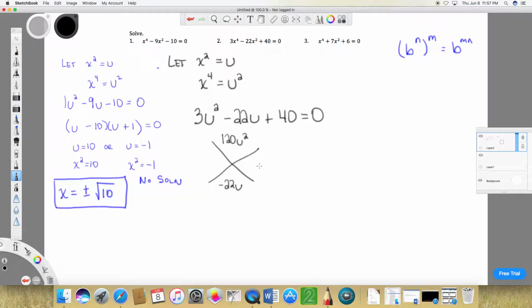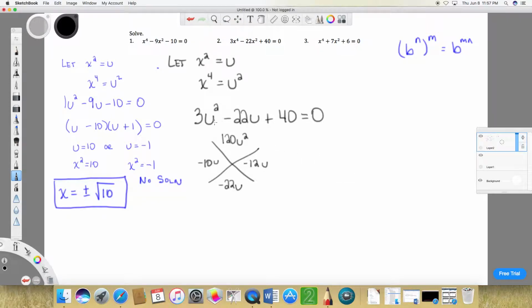I need two numbers that when multiplied together give me the top number, but when added give me the bottom number. And I think a negative 10 times a negative 12 does the trick, because the negative times the negative is positive, and when I add these together, I get the bottom of my x.